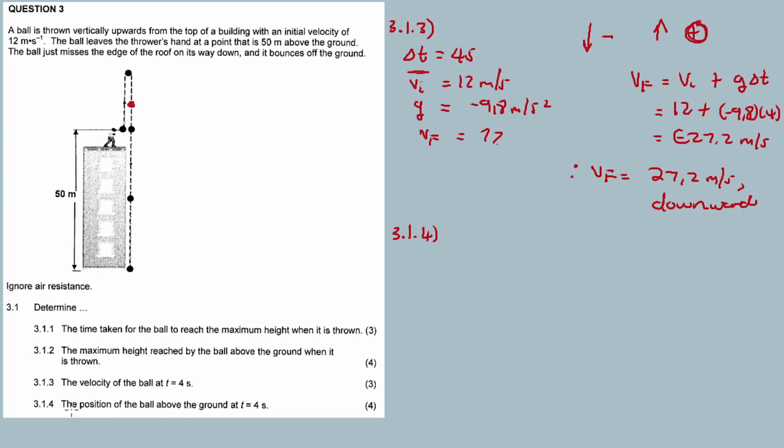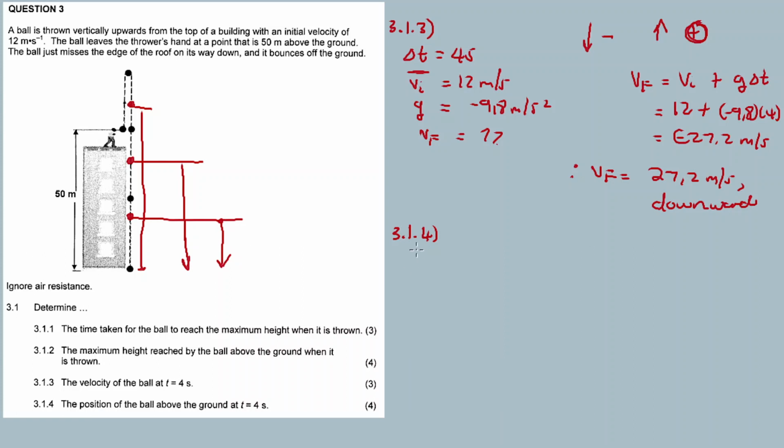So the question wants to know how far above the ground the ball is, right? We want the distance from where the ball is to the ground. The ball could be anywhere, we want the distance from here to here.